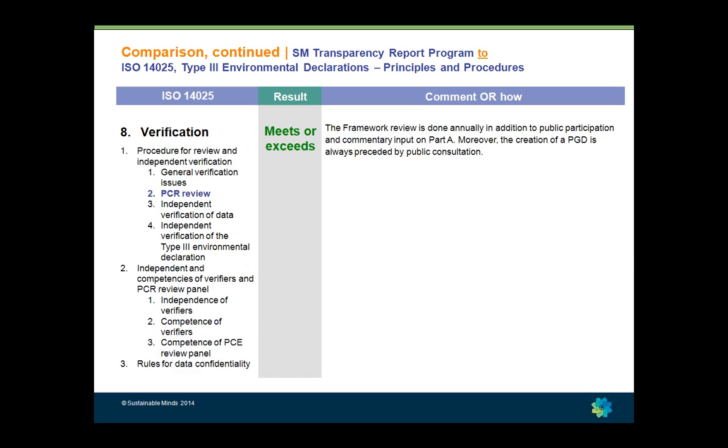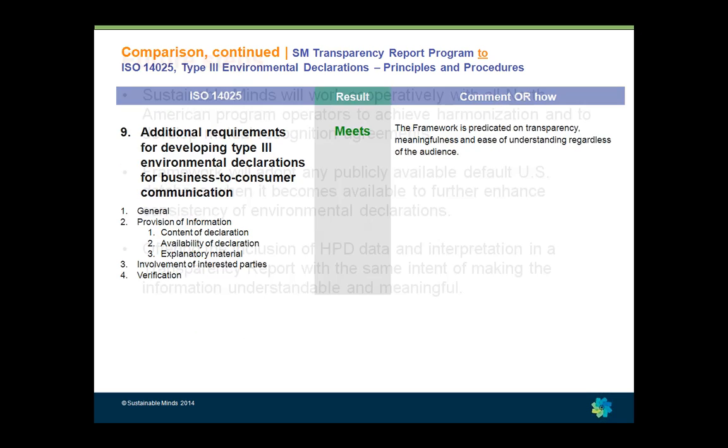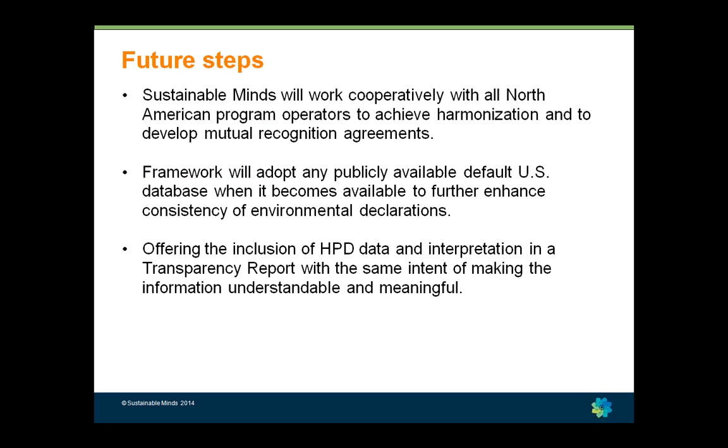There might be some questions that we could go into details about later on, but again, this is going to be an appendix for Part A. Now, the future steps that we foresee is the following. We will work with all North American program operators to achieve harmonization and develop mutual recognition agreements.